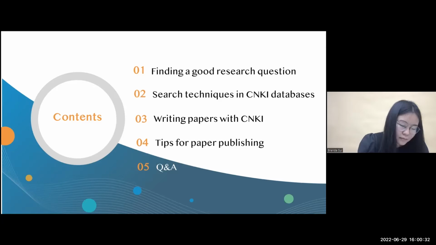After that, I'm going to introduce some tools for paper writing, such as sentence search and reference export. Then we will briefly cover how to get a paper published in a journal that we choose. At the very last, if you have any questions on this lecture or any problems concerning Cnki usage, we're glad to respond and provide advice in this part.